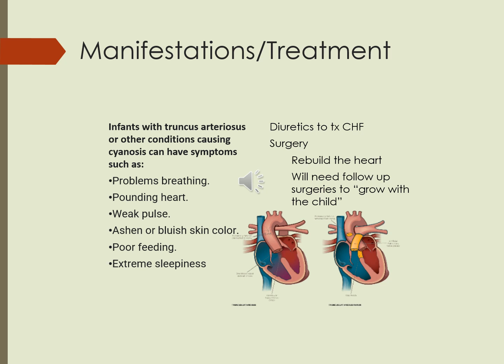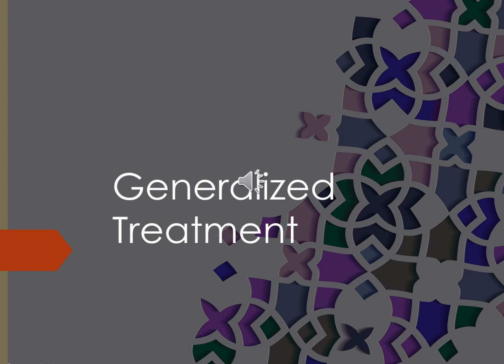They're going to have to rebuild the heart, and they will need follow-up surgeries because why? Children are still growing. So the heart grows with the child, so those follow-up surgeries are going to be needed.